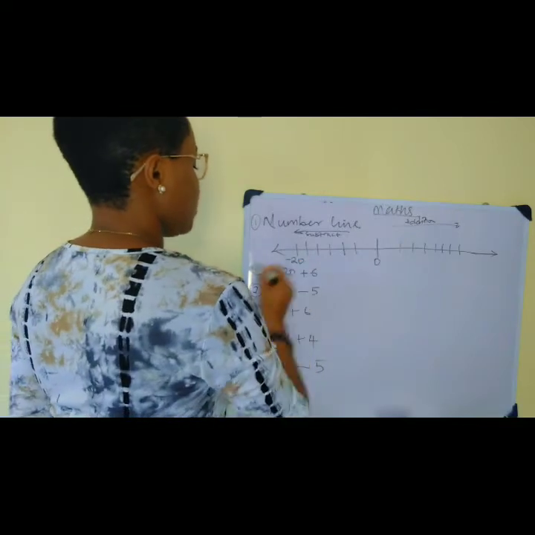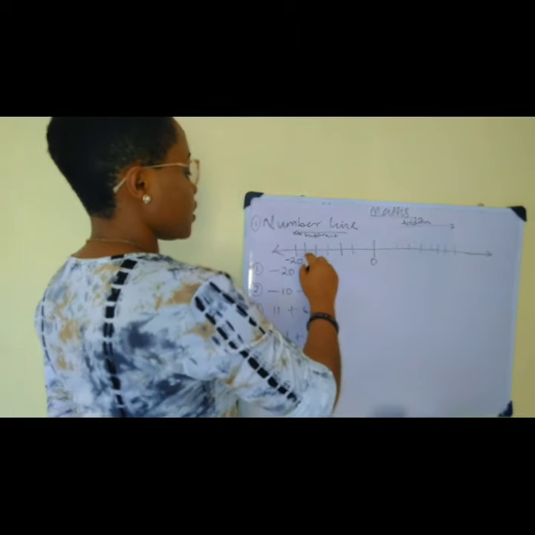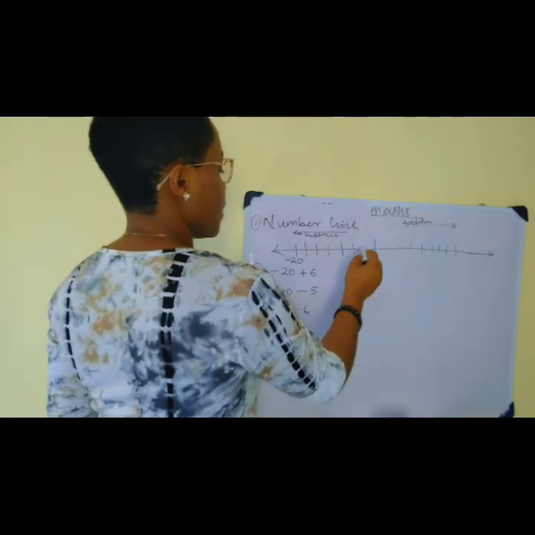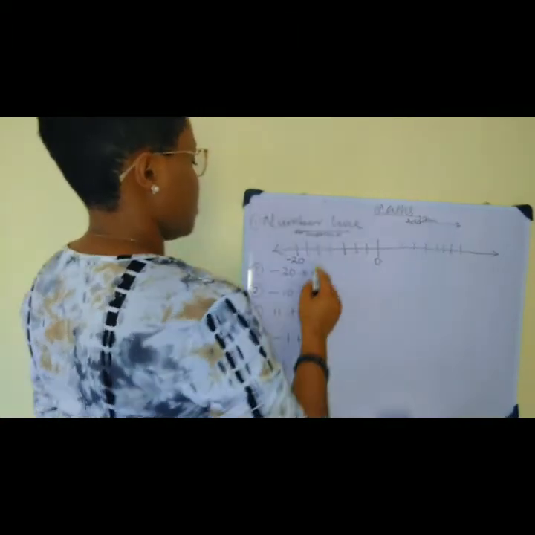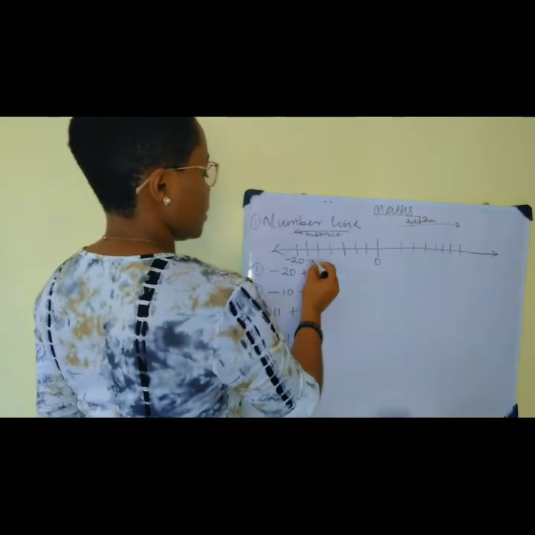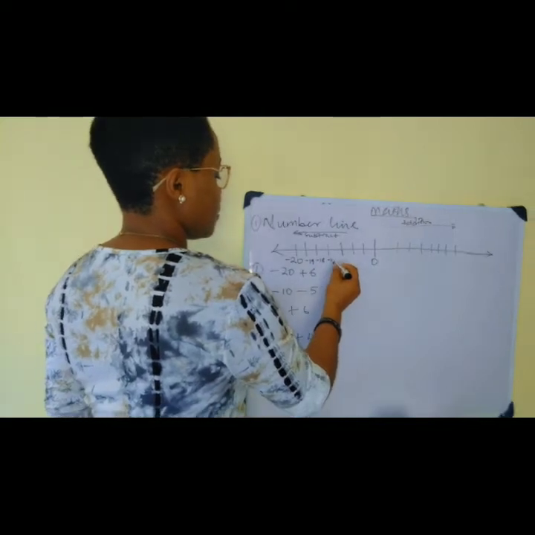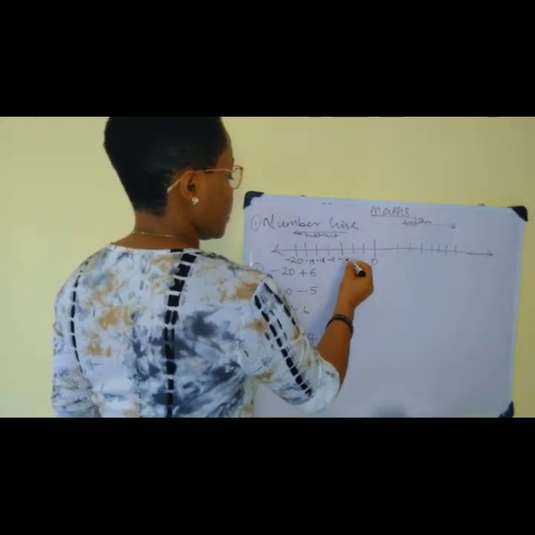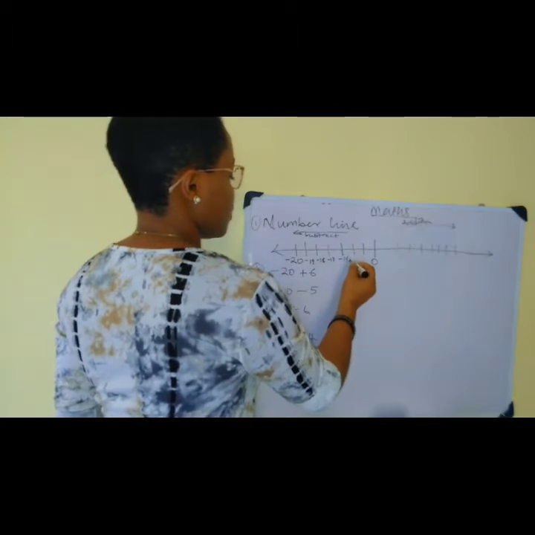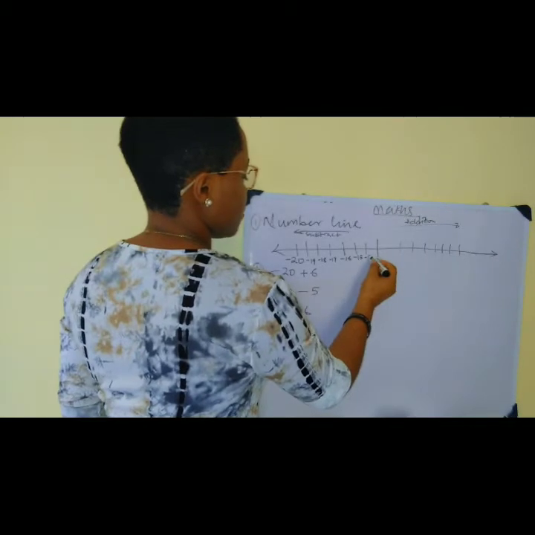So you're going to put your negative 20 somewhere here. This is a negative 20 plus 6. That means you're counting 6 points to the right. 1, 2, 3, 4, 5, 6. Now we're going to place our numbers. Negative 19, negative 18, negative 17, negative 16, negative 15, and negative 14.